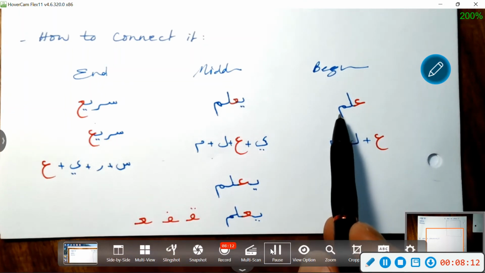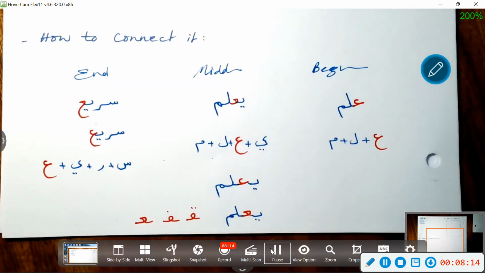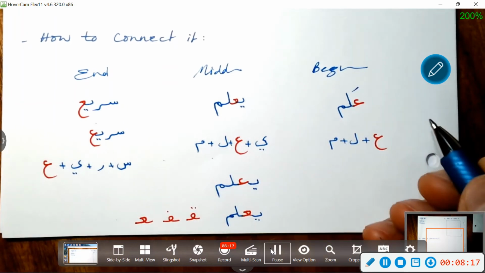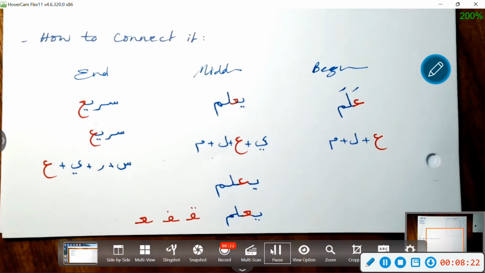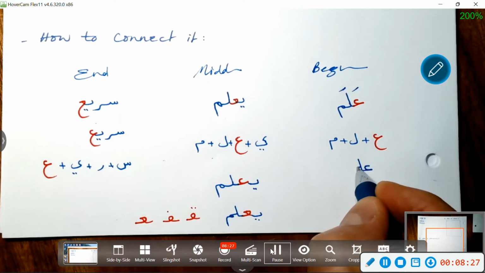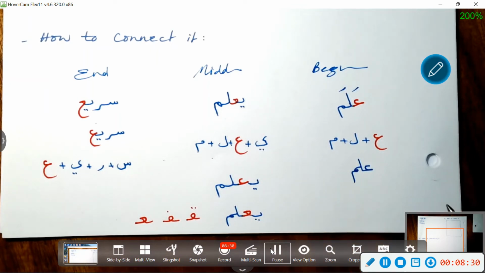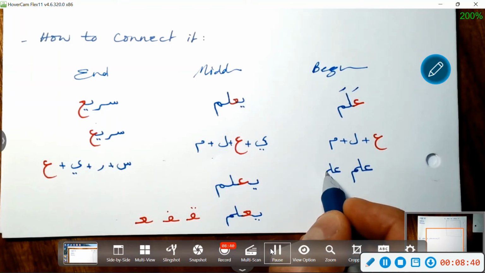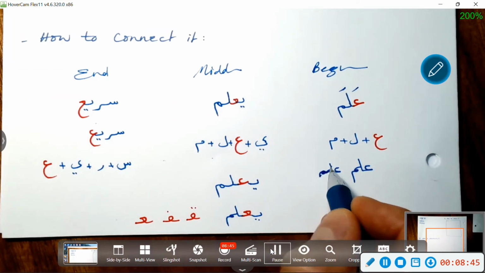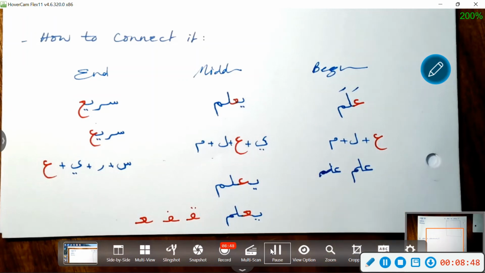Alam, it means a flag, and we have to put fatha over ayn, fatha over lam. It also can be ilm. Now I wrote it differently because later on we're going to study that the meem can be connected from the top like this and can be connected, sorry, I messed up with this, let's correct it.